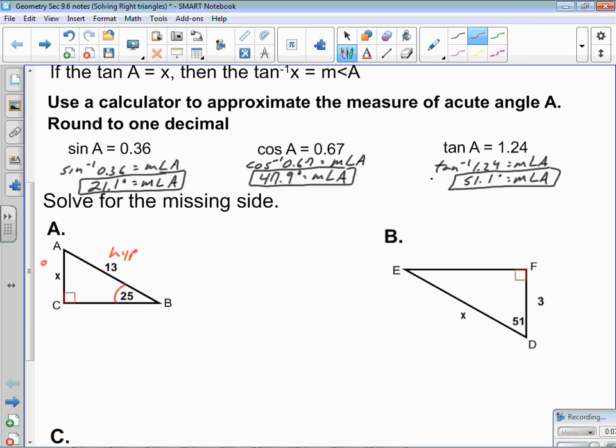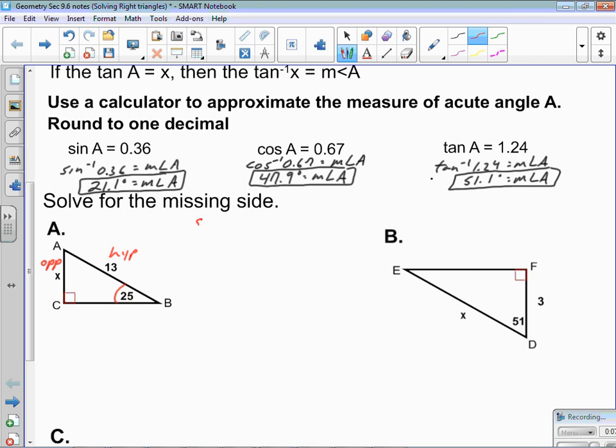Right, so we're given the hypotenuse, and we're trying to find the opposite side, right? So which trig ratio dealt with the opposite side and the hypotenuse? The sine, right? Some old hippie, OH.